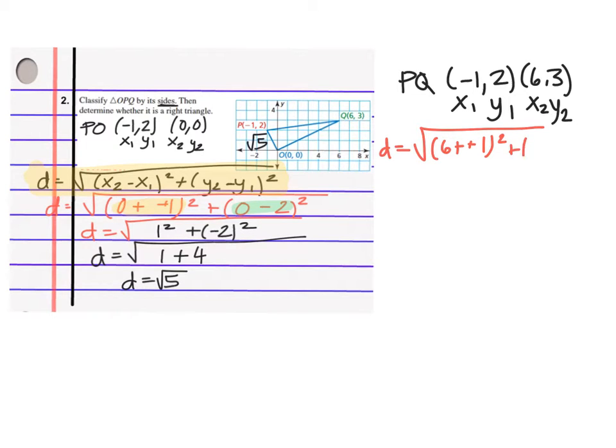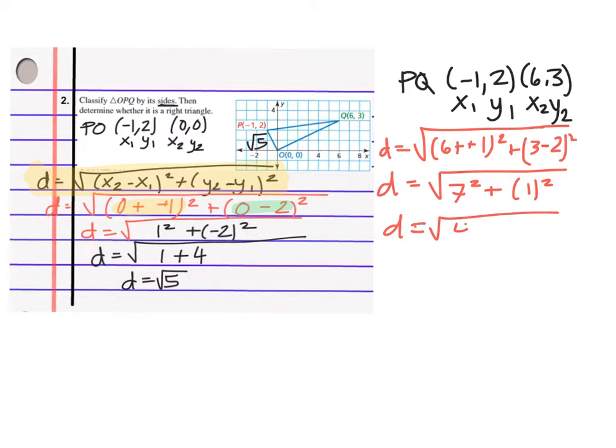All right, y2 is 3 minus y1 is 2. I'm going to keep going. 6 plus 1 is 7. 3 minus 2 is 1. 7 squared is 49. 1 squared is 1. I get the square root of 50.